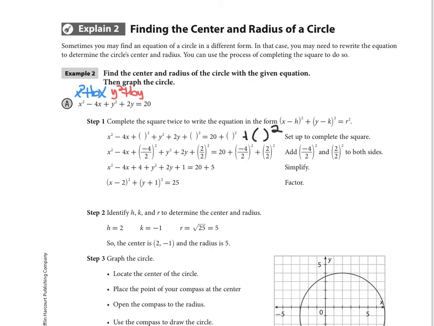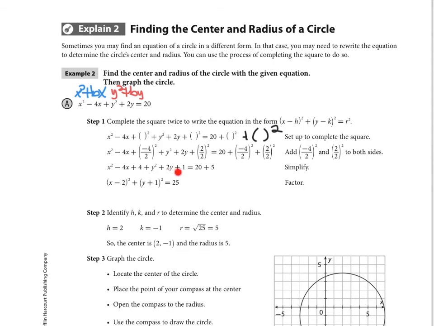Okay? Now it just becomes a simplification game. So we have x squared minus 4x plus 4. And remember that, if we were to condense it, would have the dimension of not all of the b terms on one side, but half of them. So that's x minus 2 all squared. Same thing for the y's.